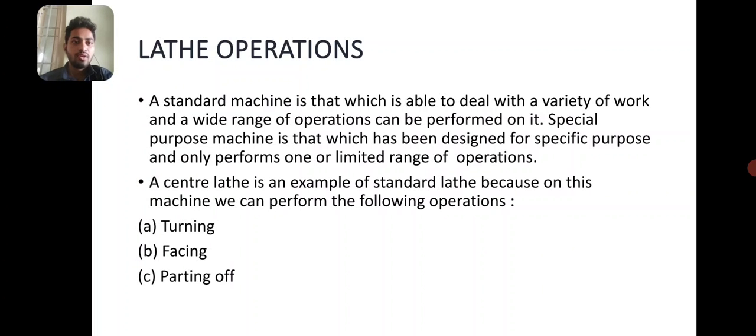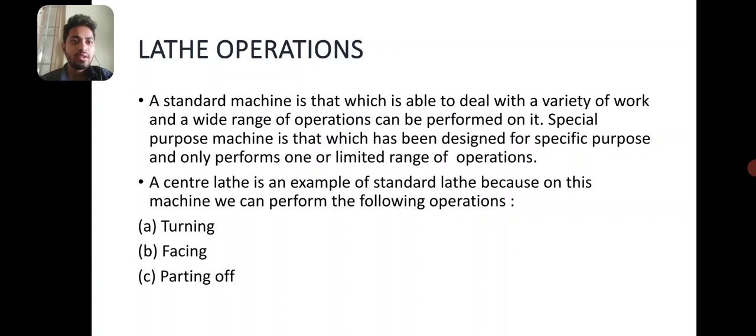Lathe operations. A standard machine is one that is able to deal with a variety of work, and a wide range of operations can be performed on it. A special purpose machine is one that has been designed for a specific purpose and only performs one or a limited range of operations.